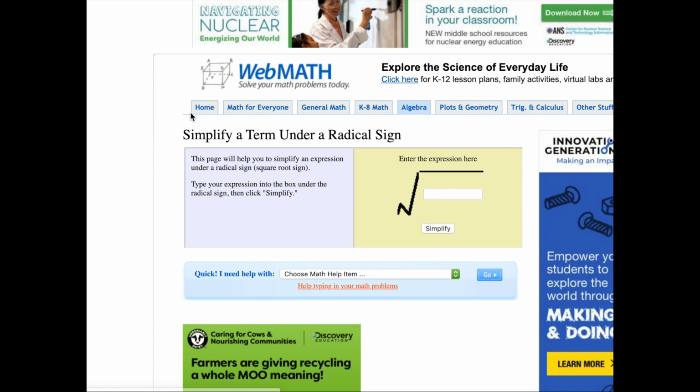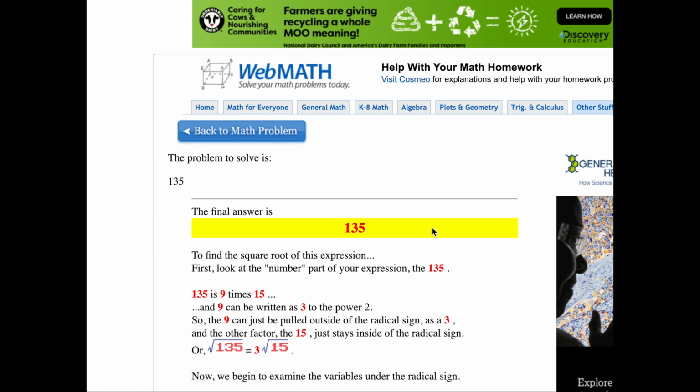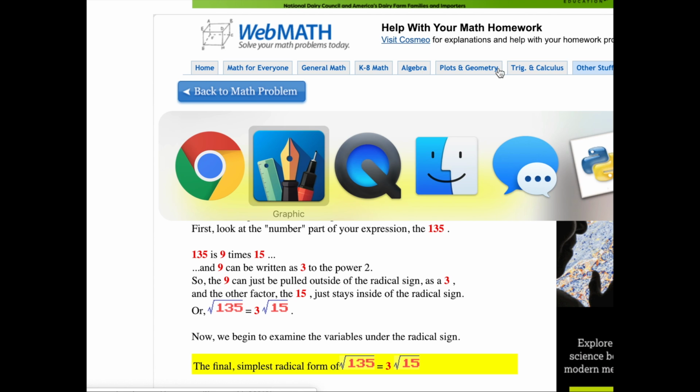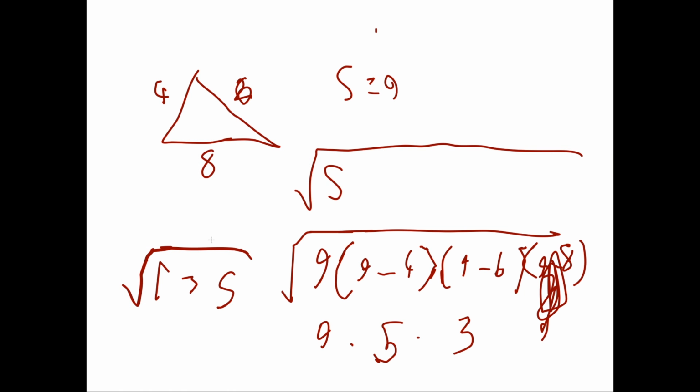Simplify 135. Wait, 3 root 15? Oh, it's a multiple of 9, of course. That makes sense. Okay, that was dumb. So this is 3 times root 15.